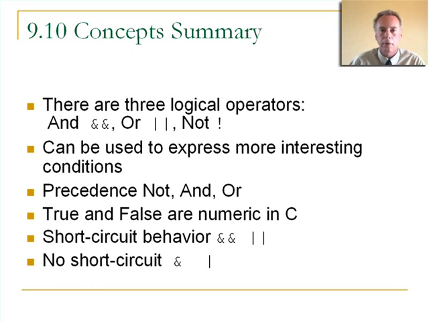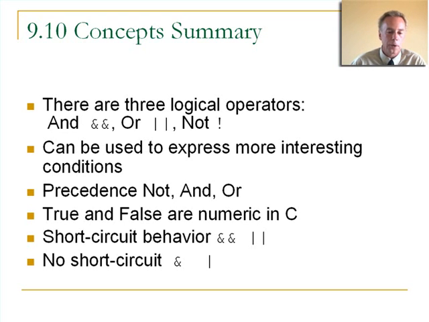Quick summary then of what we've looked at in this segment, the 3 logical operators: and, or, and not. We're talking about formal logic now, not the use of and, or, and not in English, which often is incorrect, but we still know what it means. These logical operators are used to express more interesting conditions in our C program, so that our if statements and our while loops and so on will be more powerful.